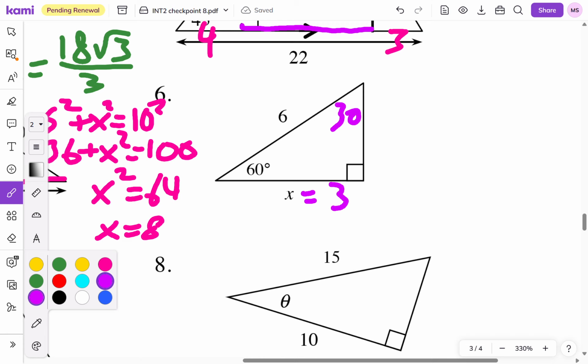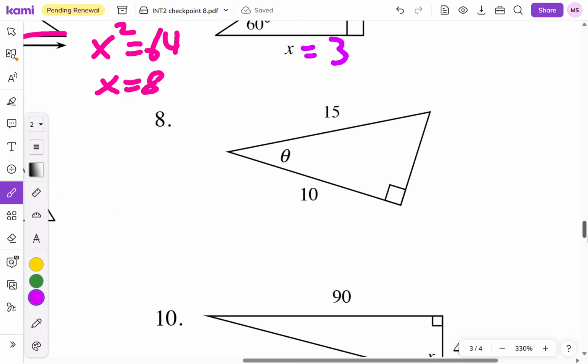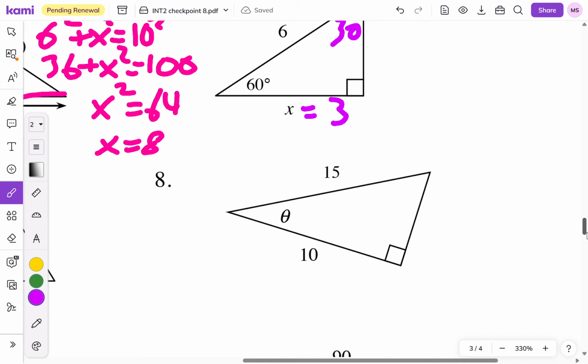Number 8. I got a lot of questions on number 8. A lot of them had to do with the calculator because you have to do an inverse function. So we have this angle, and we have the adjacent side, and we have the hypotenuse. Adjacent and hypotenuse, of course, means cosine. So we're going to write that out. And I always recommend to write it. Some of you guys get stuck.